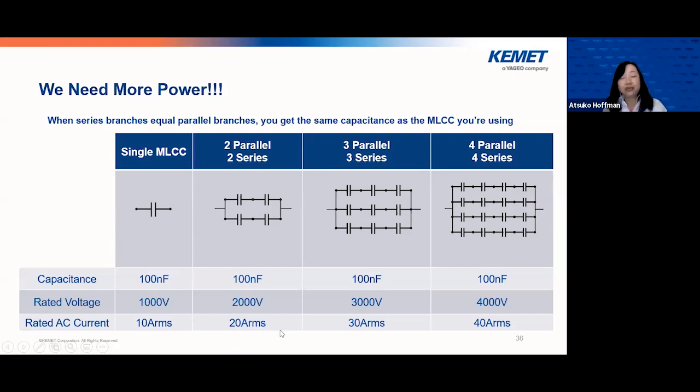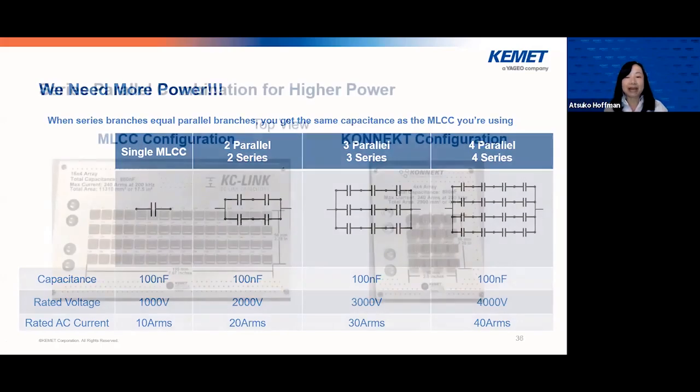And if you do the same for 3 capacitors in series, then you have 3000 volt. And then you connect 3 strings in parallel, then you will get 30 amps RMS. So there are many different combinations that you can achieve for your target for the resonant capacitors.